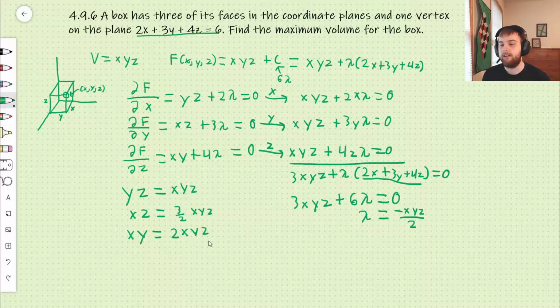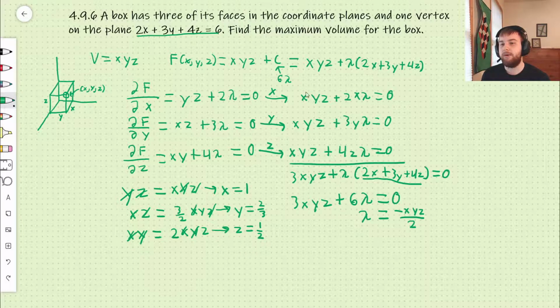We can see that the yz is going to cancel, the xz is going to cancel, and the xy is going to cancel. But when you cancel these out like this, you have to remember that there's always an understood 1 on the other side of the equation because you're dividing it over. So our x is equal to 1, our y is equal to 2/3, and our z is equal to 1/2.